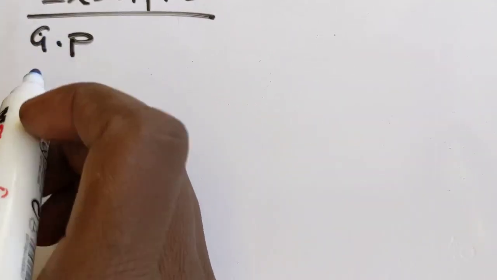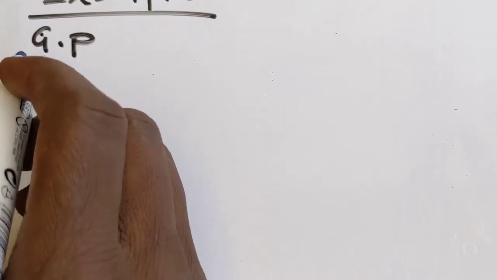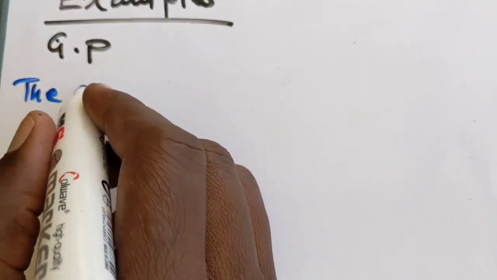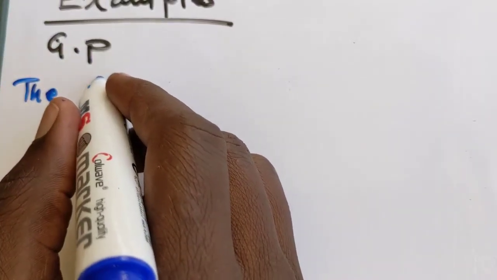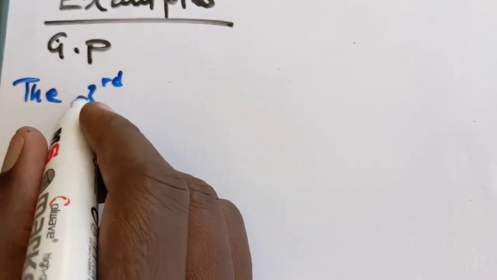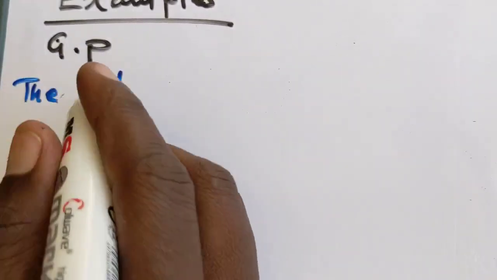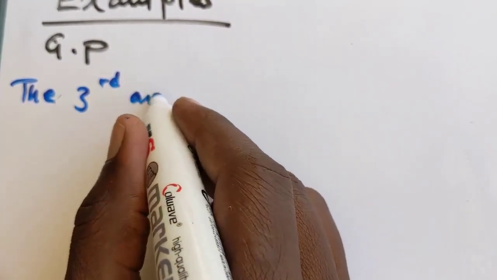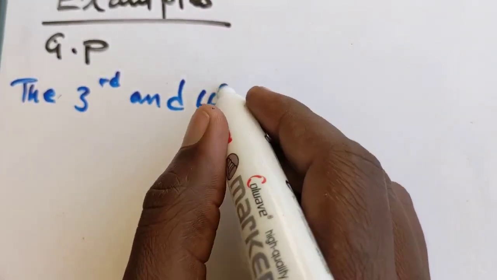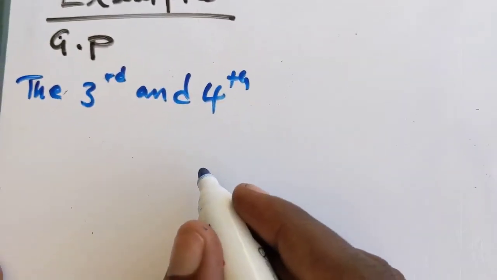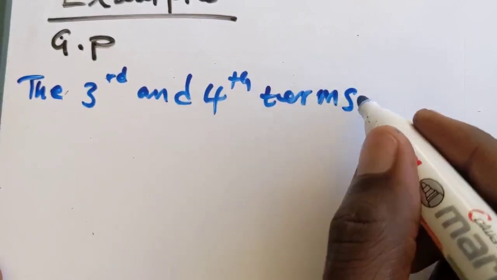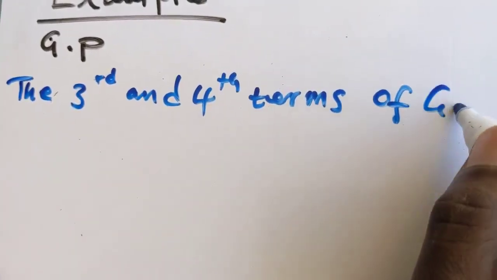So we have this question. It is saying that the third and the fourth terms of GP are 4 and 8 respectively.